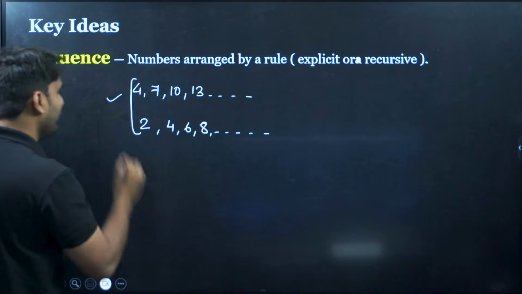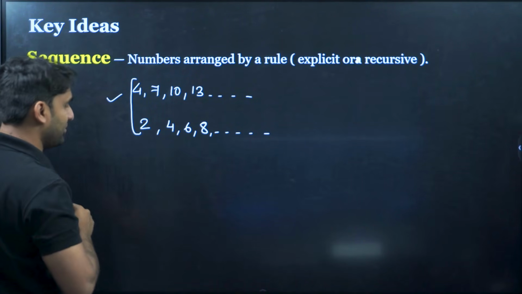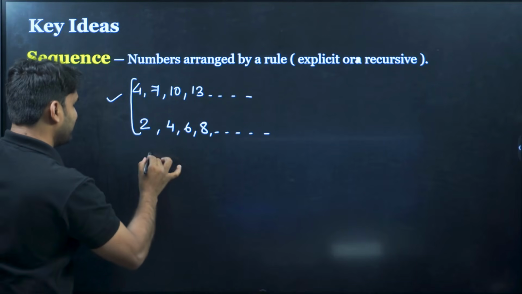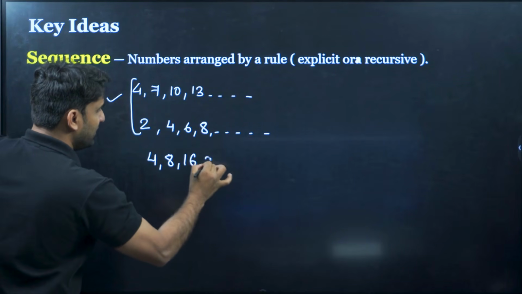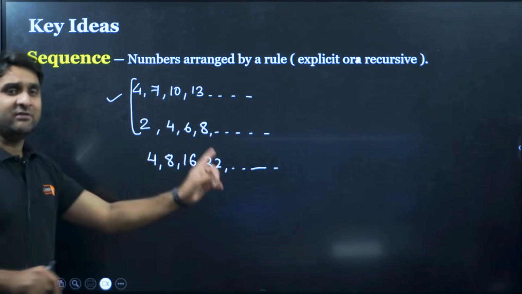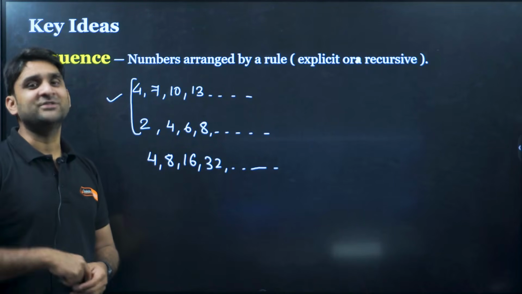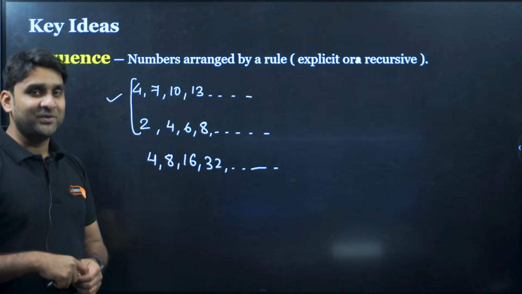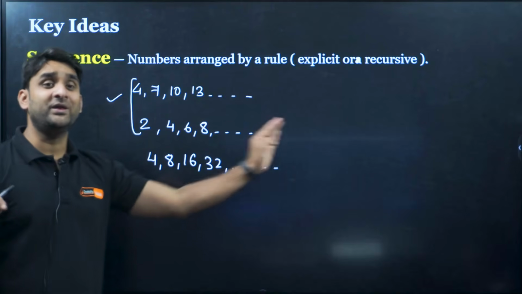Now let me give you a few more magical sequences. For example, champion, this is 4, this is 8, this is 16, this is 32. Now check whether the given arrangement is a sequence or not. My dear, don't think that sequences always go in additive form.